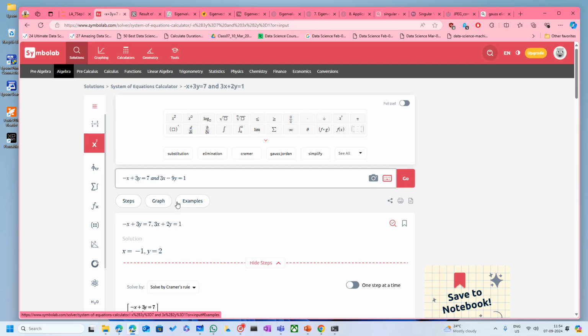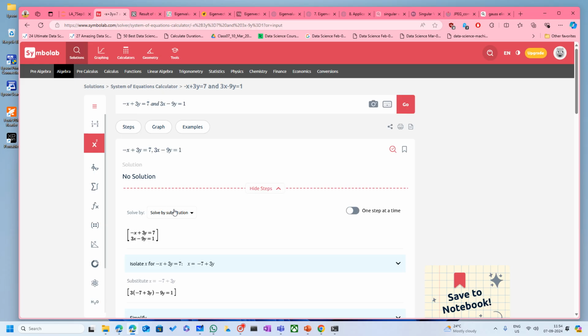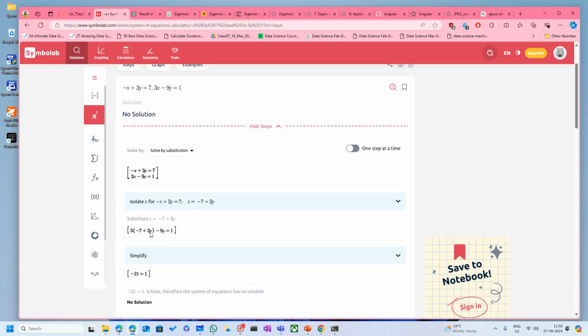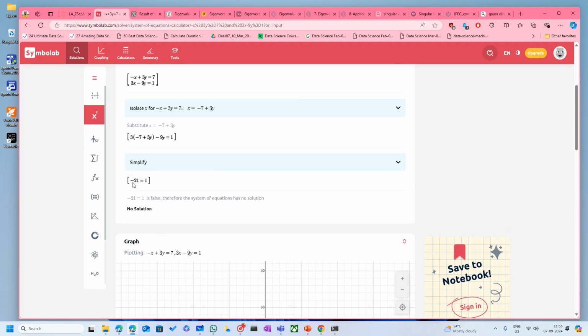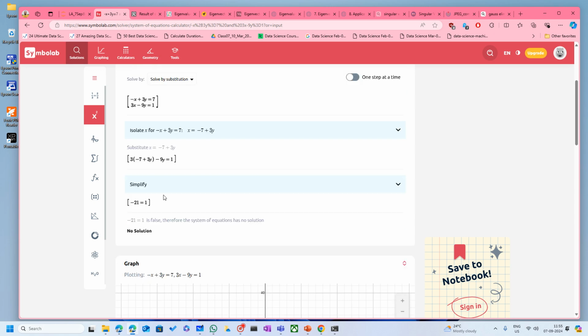If you calculate again, it doesn't matter what method you use, you notice there is no solution. If you substitute, one linear equation will get cancelled, so you will get no solution.